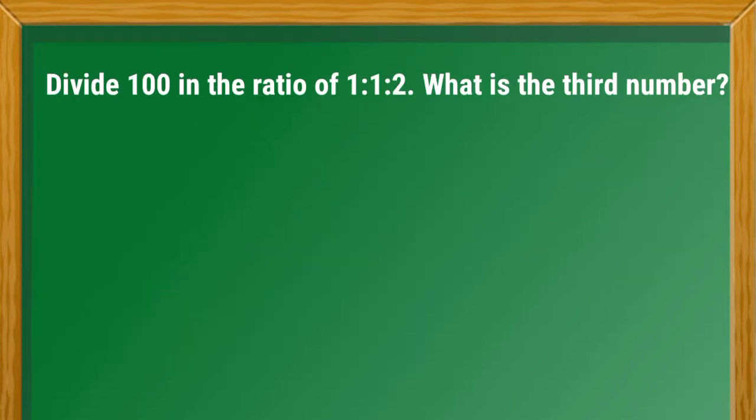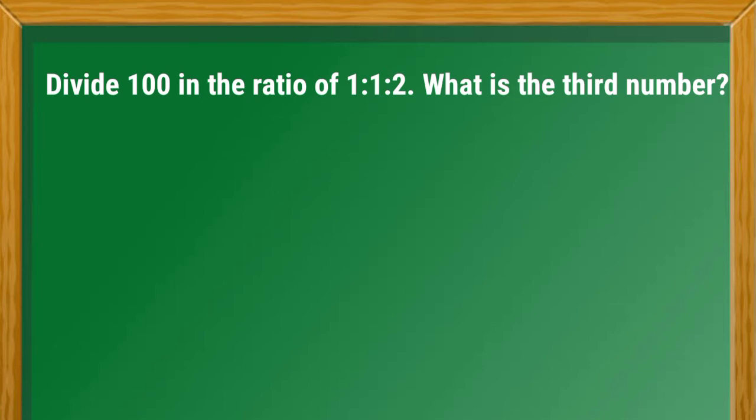Another example. Divide 100 in the ratio of 1:1:2. What is the third number? This problem is an example of partitive proportion because the whole is divided into parts such as 1:1:2.